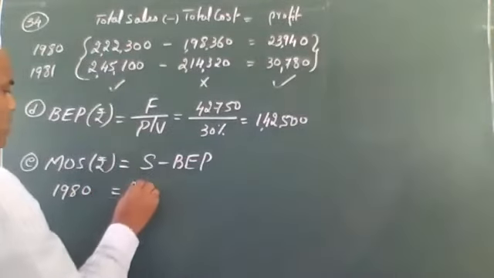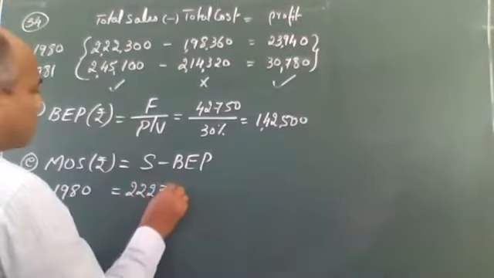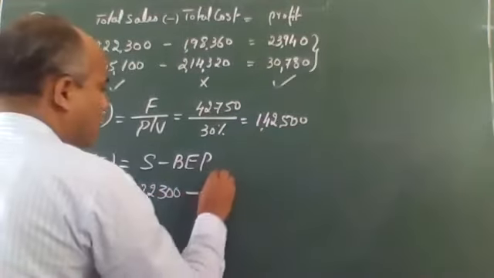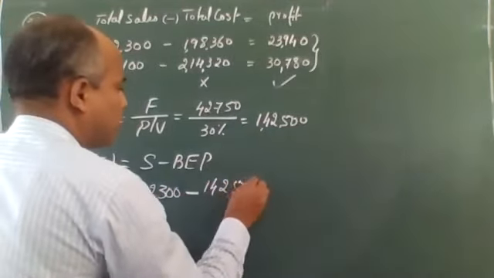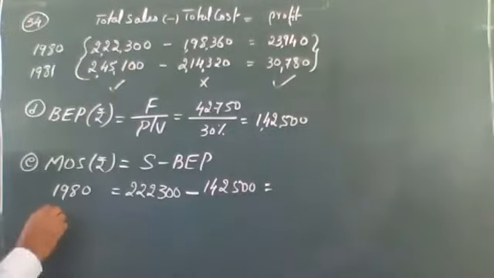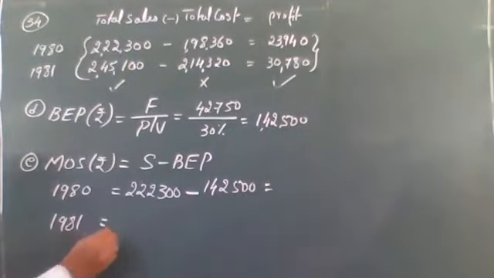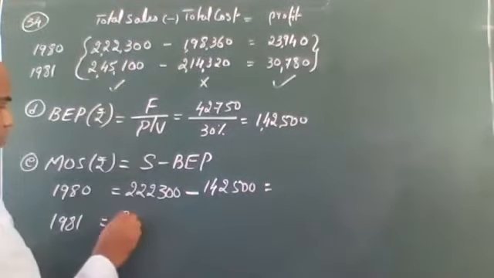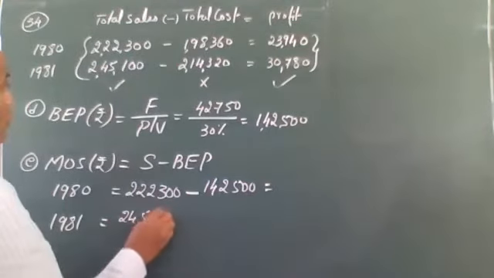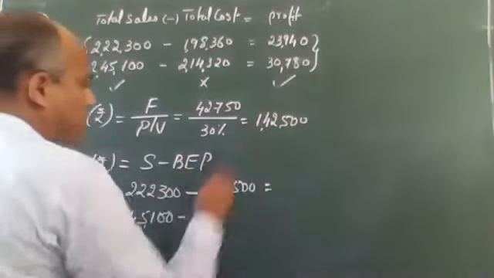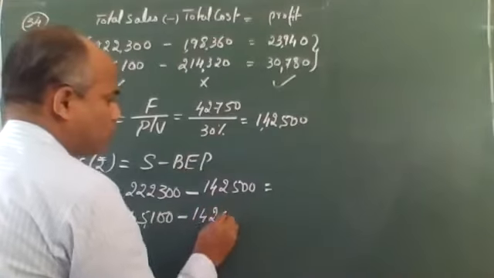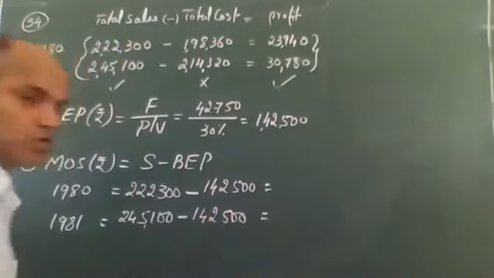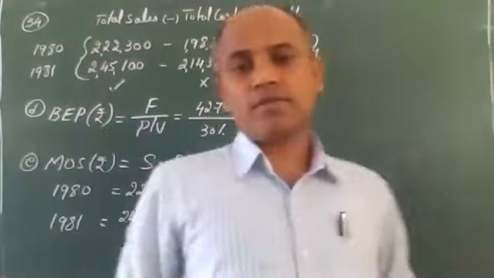1980 is 2,22,300 minus 1,42,500, which is your break-even. And in 1981, your sales is 2,45,100 minus your break-even 1,42,500. A student may say, sir, why are you applying this formula?